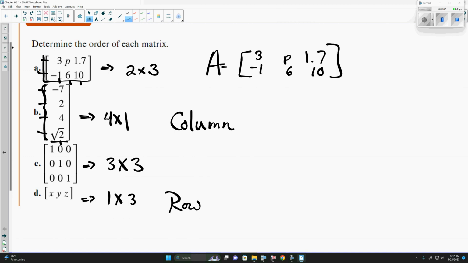Each of the numbers and elements in here we could call by, say, a1,2. a1,2 would be first row, second column, which would be P. So we can consider each one of the spots in a matrix as an element. And we denote elements as a lowercase of the matrix. So matrices are normally defined or called by capital letters, and their elements are lowercase.